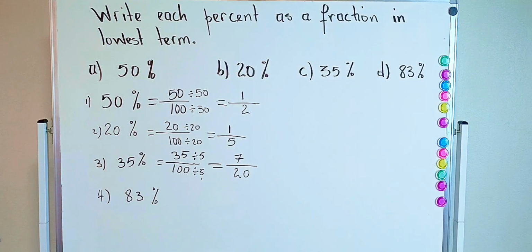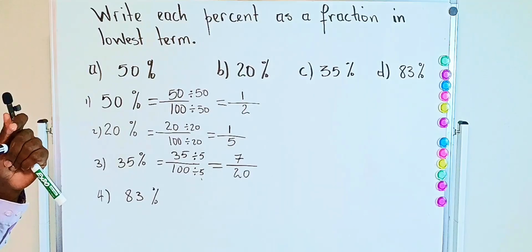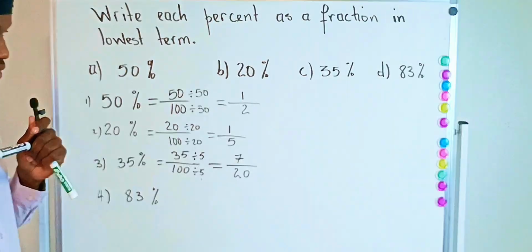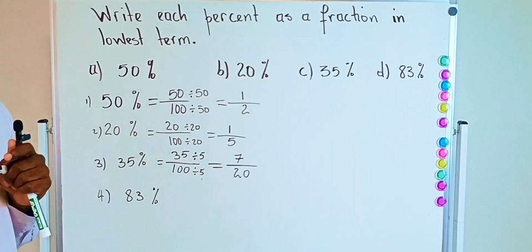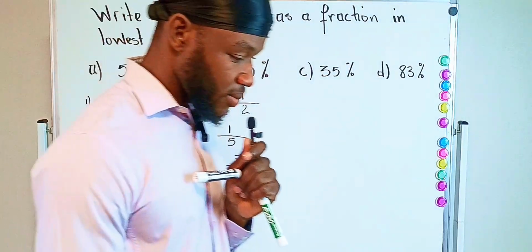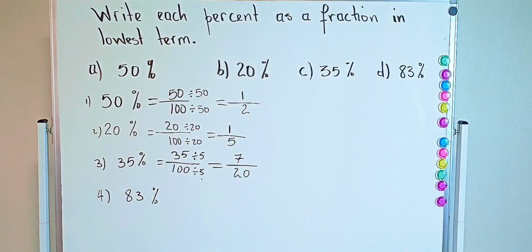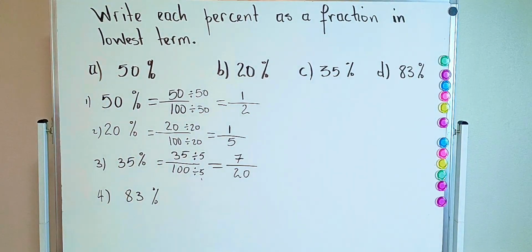You're just gonna put it in fraction form, find the greatest common factor, and divide the numerator and the denominator at the same time, and you will find the lowest term of the equivalent fraction for 83%.